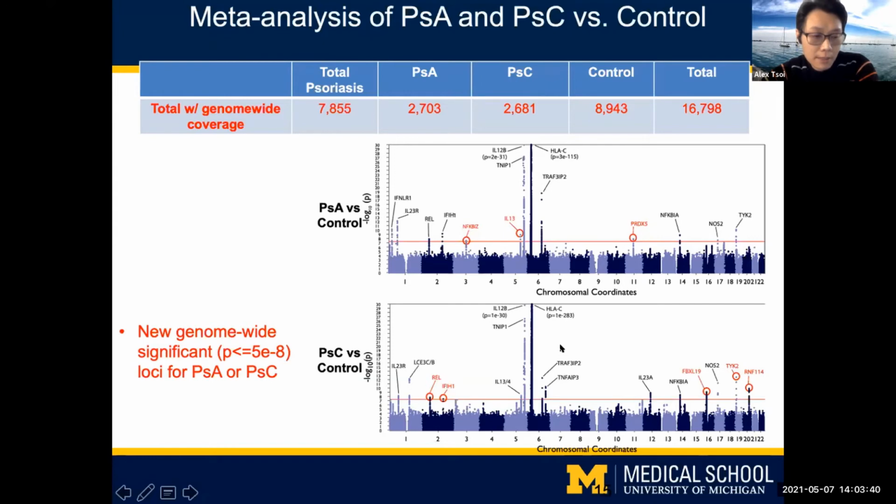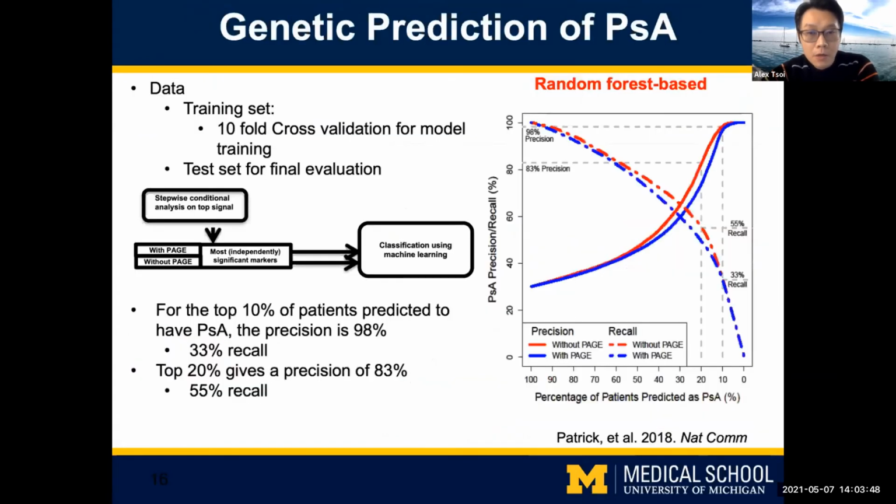So it makes things even more subtle if we want to differentiate those psoriatic individuals that would develop psoriatic arthritis or not, okay. So we apply a nonparametric, machine learning approach to address this. But we first need to make sure that this is generalizable and robust by breaking the data into a training set and a test set.